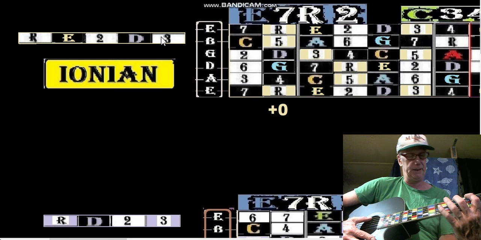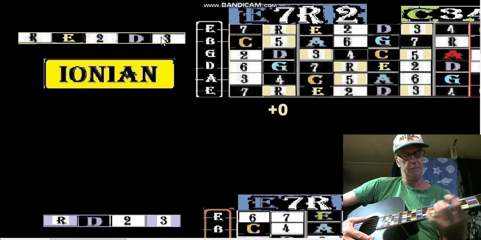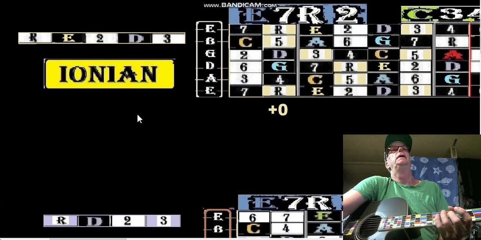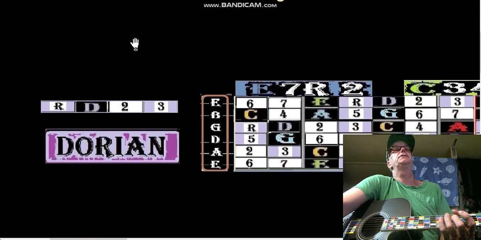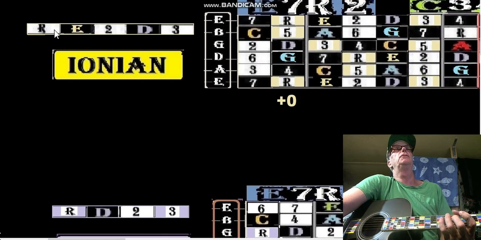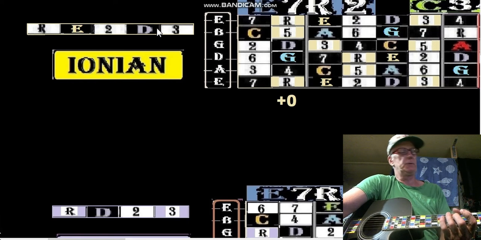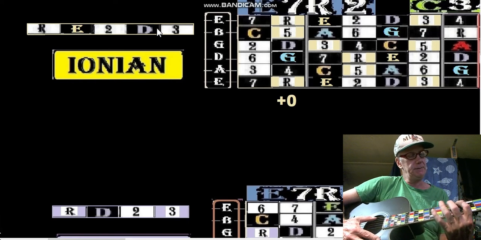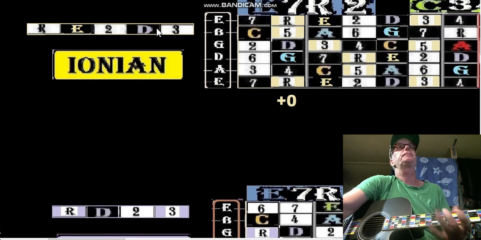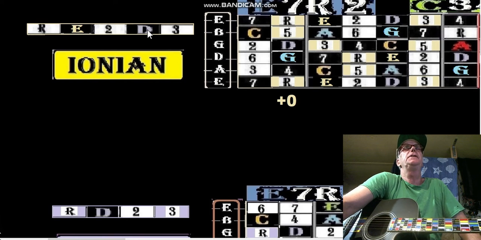So in the key E, it'd be just 3 whole notes. Now let's look at the D string shape. By the way, that's the root E string shape. It has a D there just for reference, because you get the D, the Dorian, which is F sharp, G sharp, A in the key E. So I leave the D there just for reference, but it's the root E pattern there.